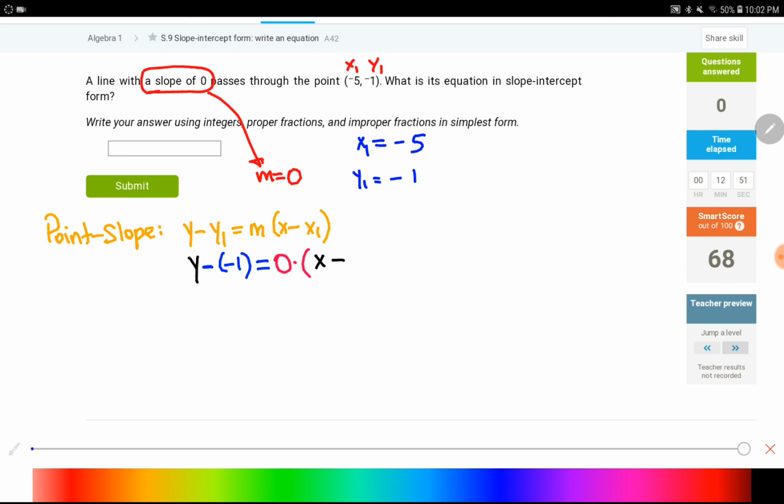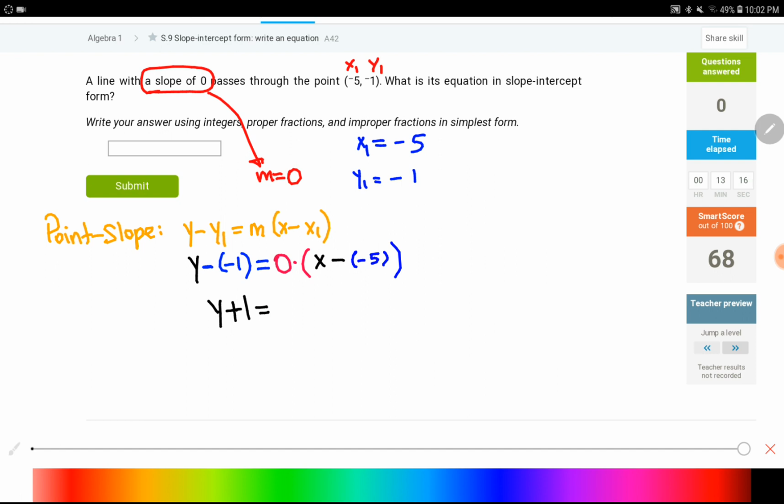Let's look it up over here. It's -5, so I need another negative right here. Okay, so left side, let's just simplify it. It says y minus -1. As you may see, it turns into y plus 1 because I have two negatives sitting next to each other.